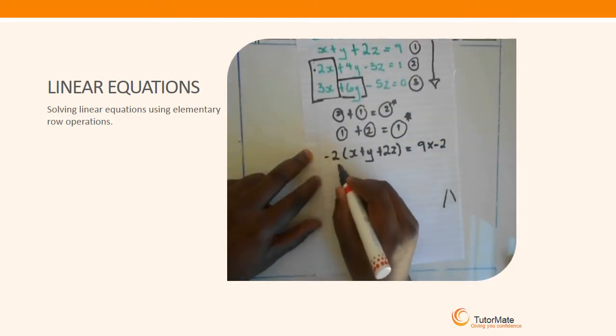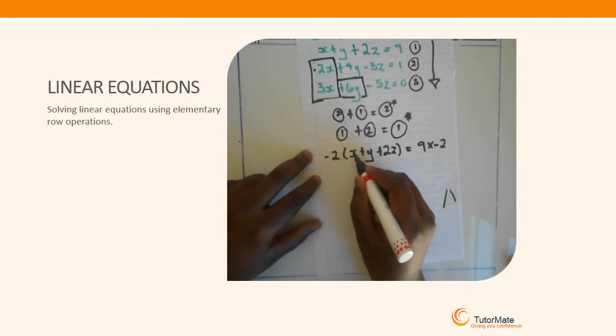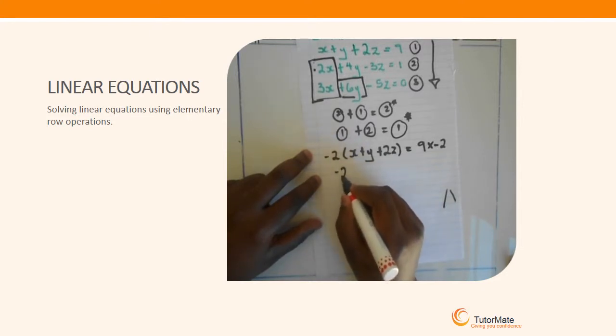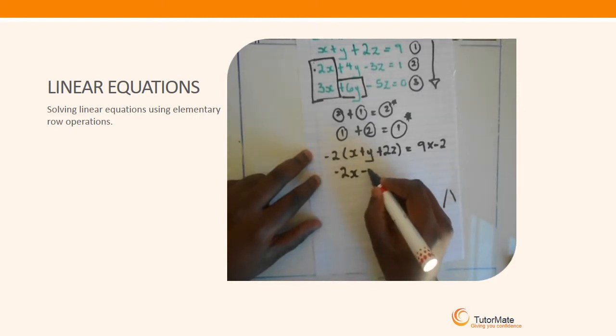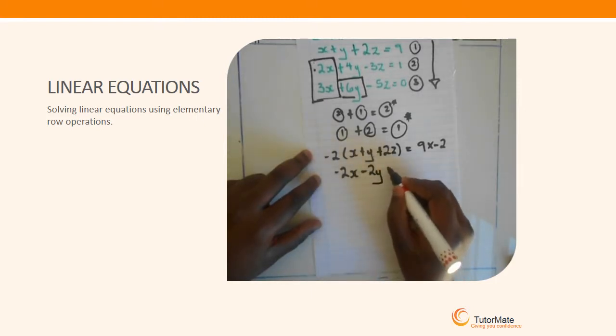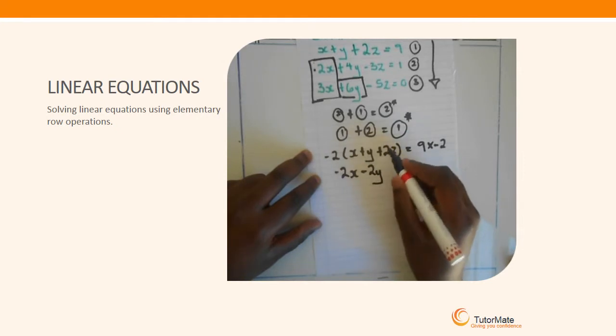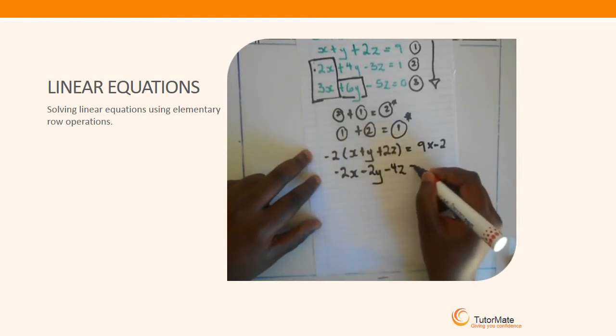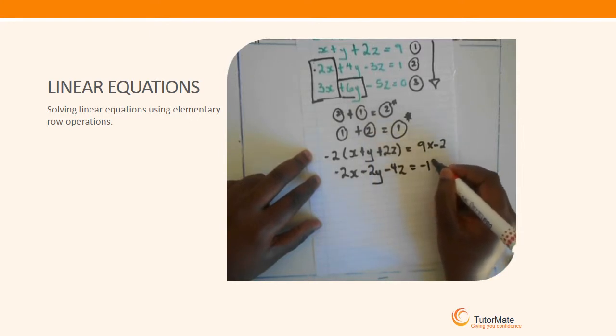So minus 2 times x gives minus 2x. Minus 2 times y equals minus 2y. Minus 2 times 2z is minus 4z, which equals minus 18.